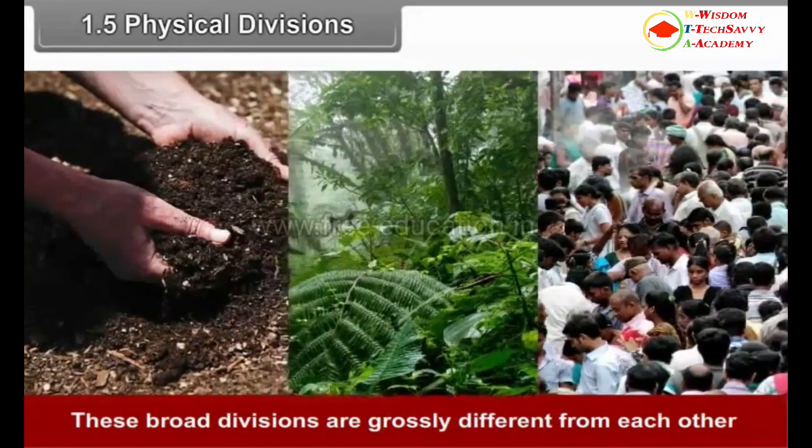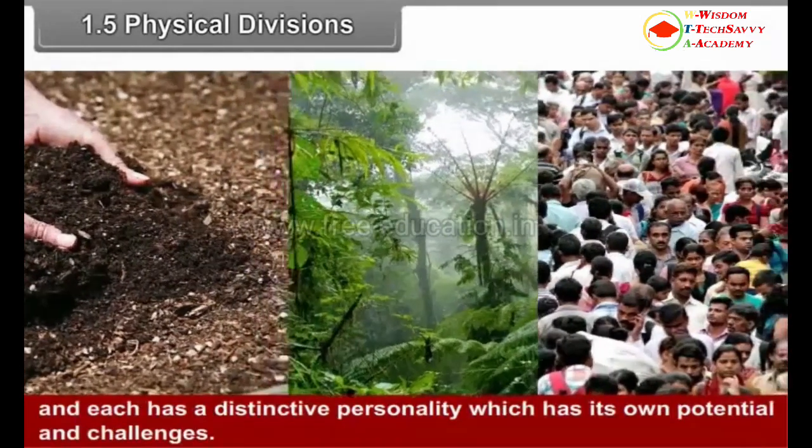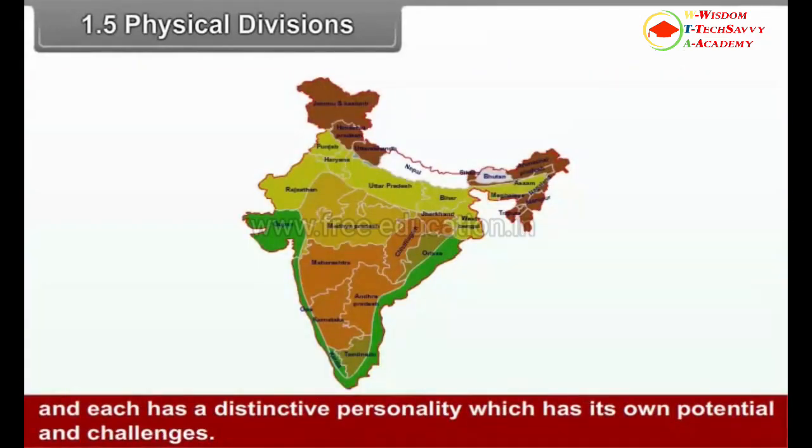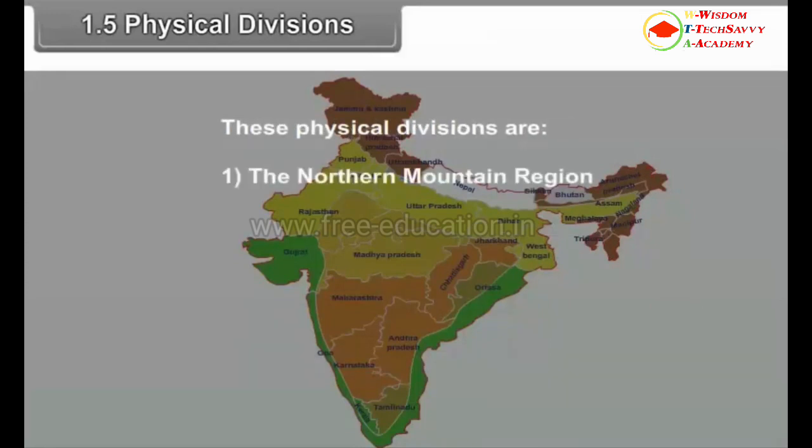These broad divisions are grossly different from each other and each has a distinctive personality which has its own potentials and challenges.